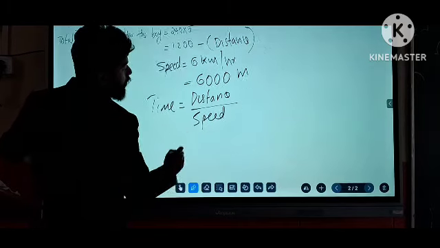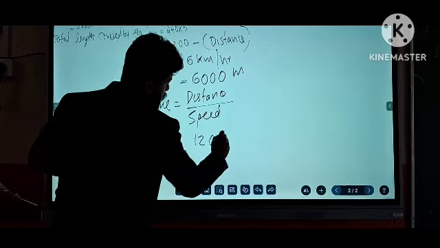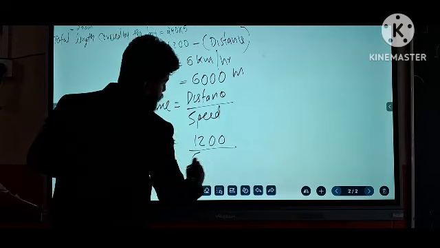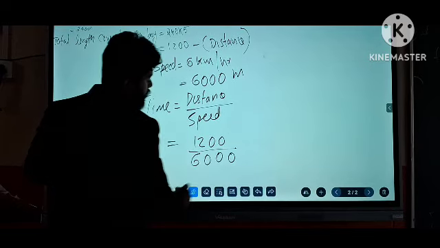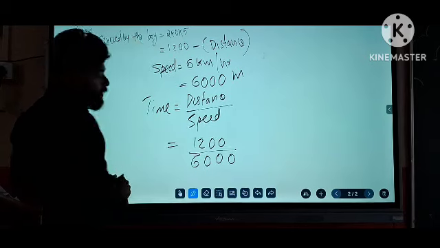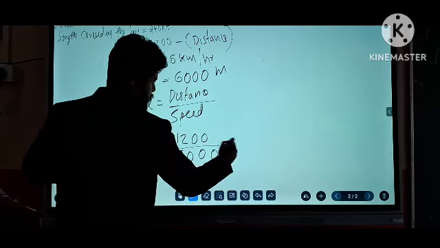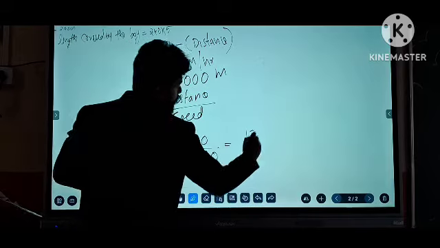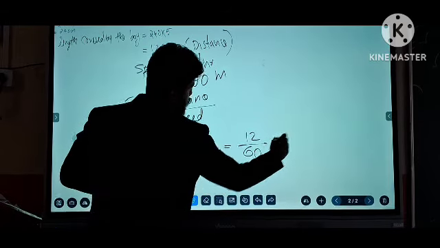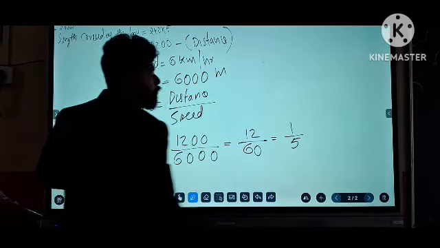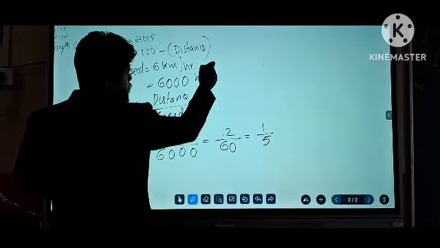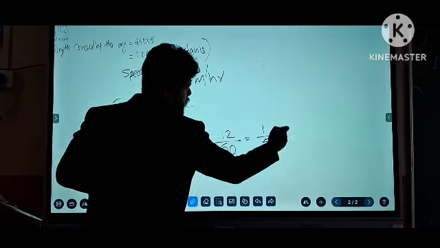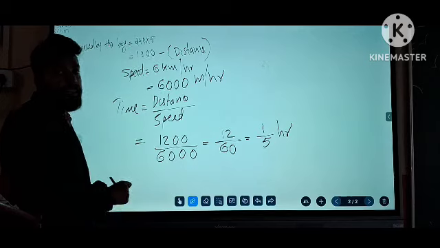That is equal to 1200 divided by 6000, that is equal to 12 divided by 60, that is equal to 1/5 hours.